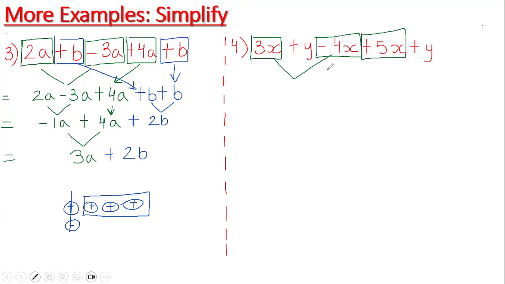So we have 3x, minus 4x, plus 5x. Good. Then we're gonna do the same for the y's, because y plus y.